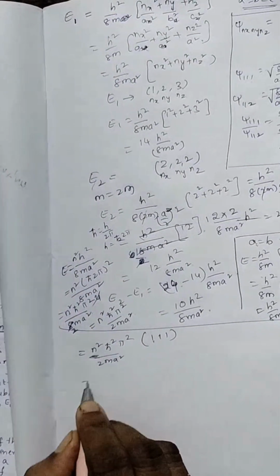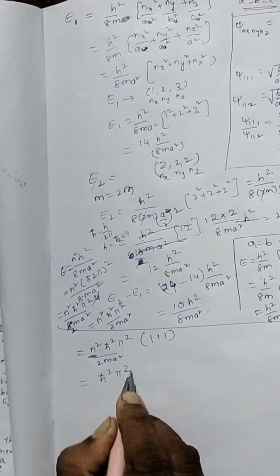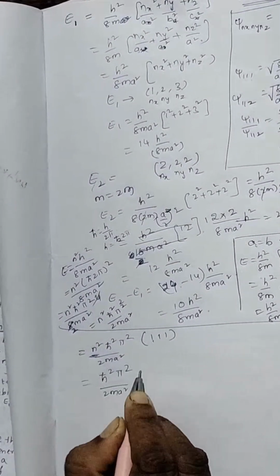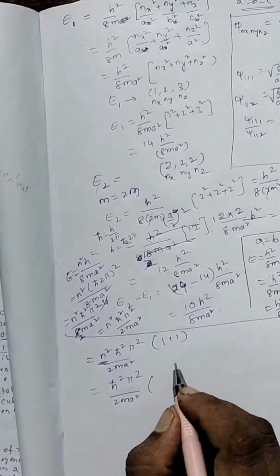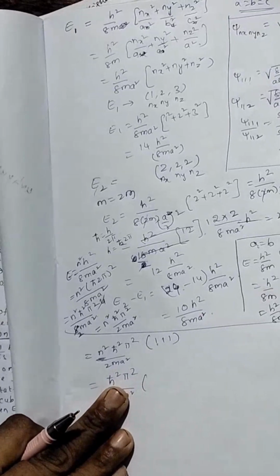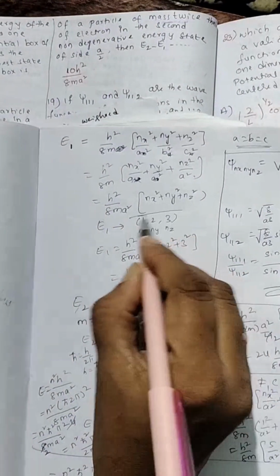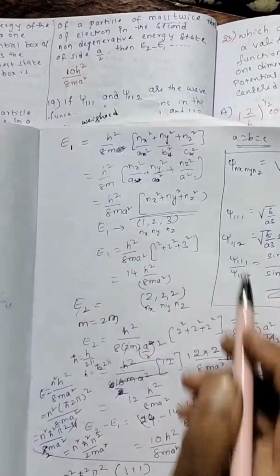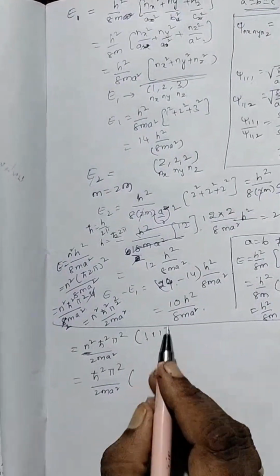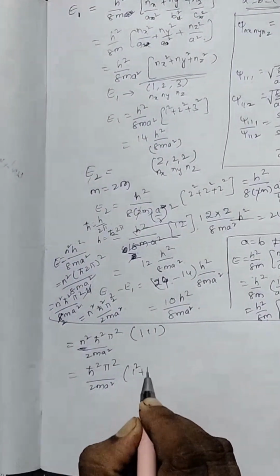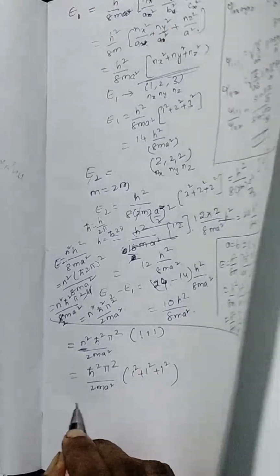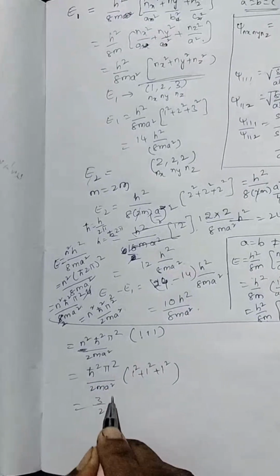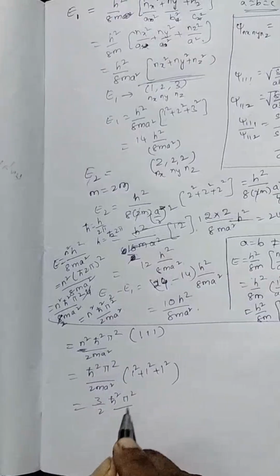So here I am writing nx, ny, nz. What will be the formula? This is the formula: h square by 8ma square, nx square plus ny square plus nz square. So 3 by 2, h cut square pi square by ma square.